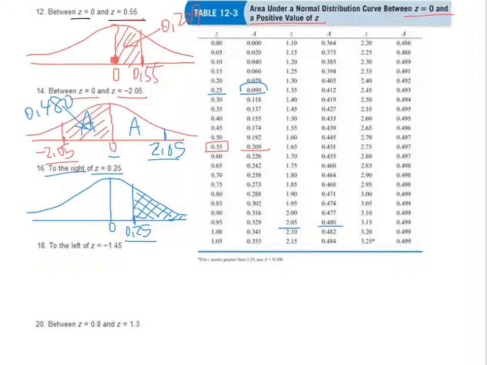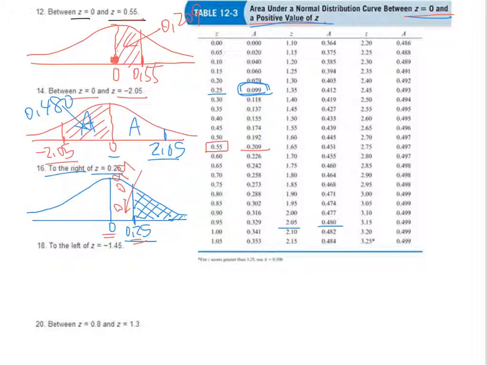Again, remind yourself, all these A values are the area between z equals 0 and the positive z. So the area of 0.099 should be in this blank area, right here.